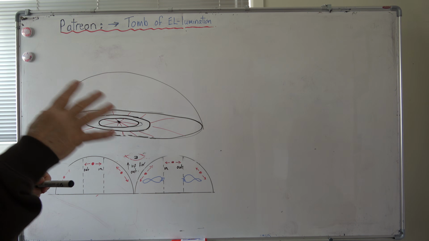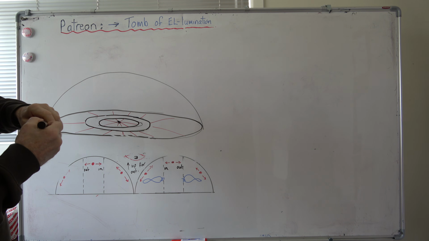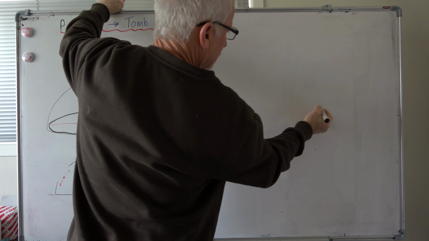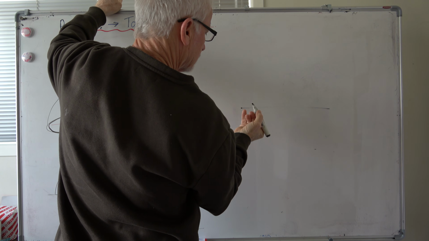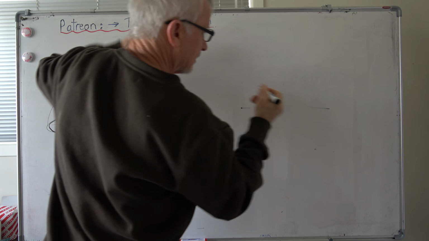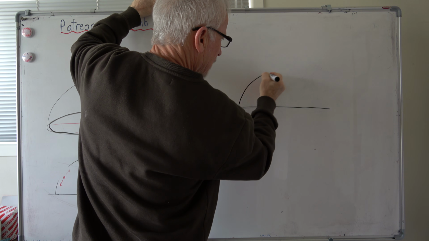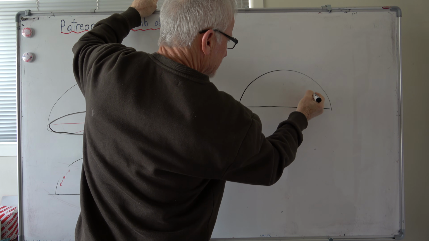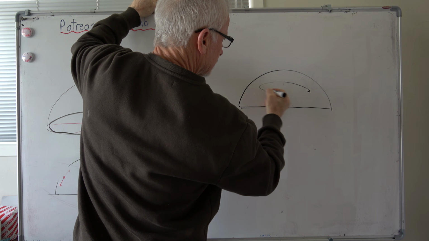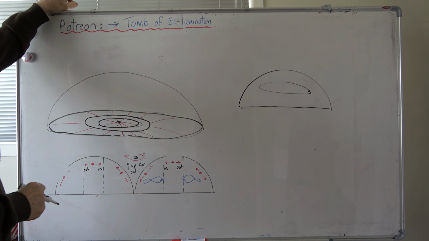But due to flat earth ignorance, all they do is draw one system with the dome and the sun moving around, or the planets, the moon moving around the system like that.